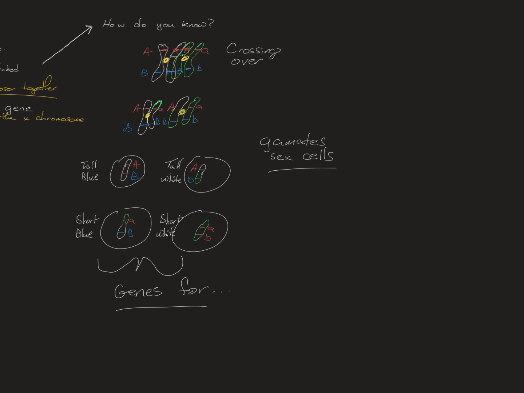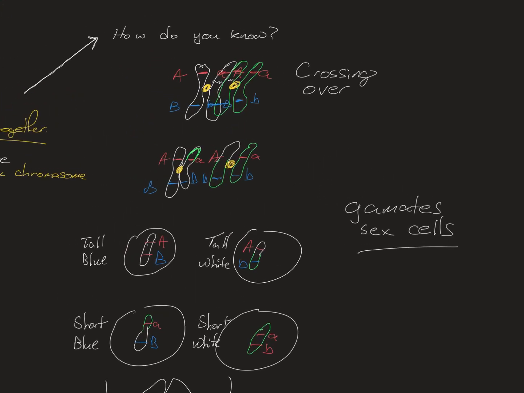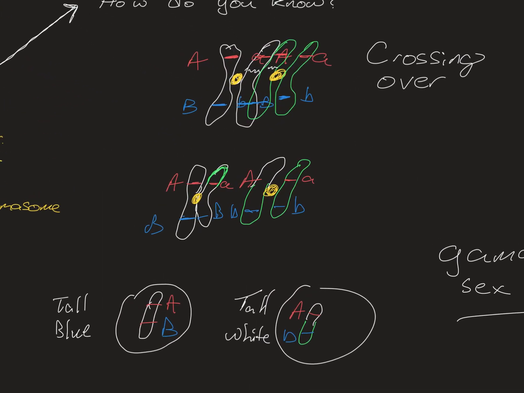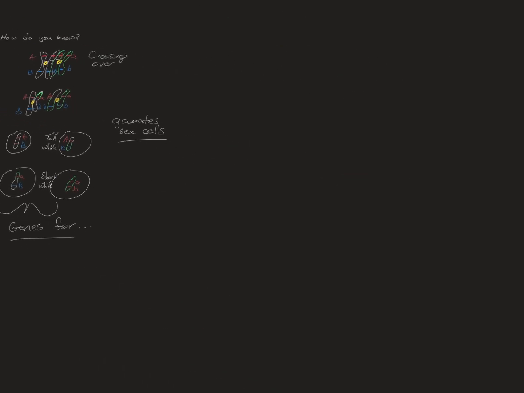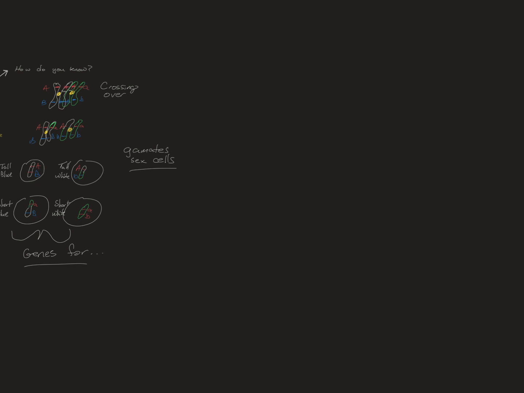But let me ask you something. How frequently, if I had two sets of genes, let me give you an example, and I think it helps to look at an example.